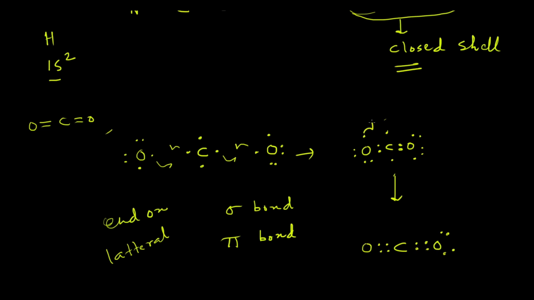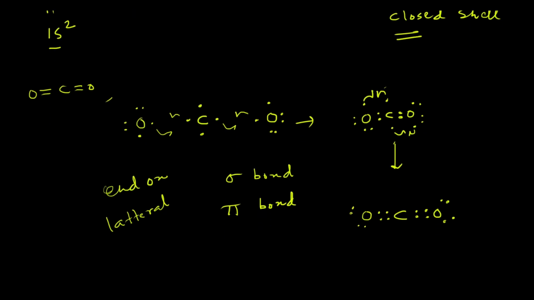This oxygen electron will pair up with this electron of the carbon, and the other carbon electron and oxygen electron will pair up, and thereby 2 covalent bonds form between carbon and each oxygen. And this is the complete Lewis dot structure for the carbon dioxide molecule.